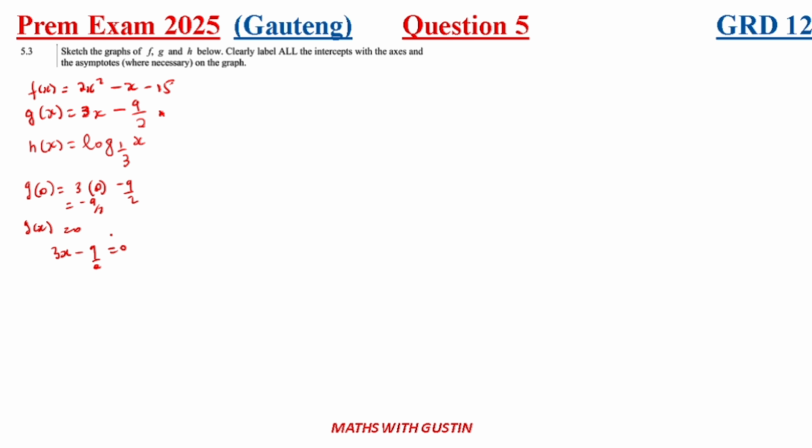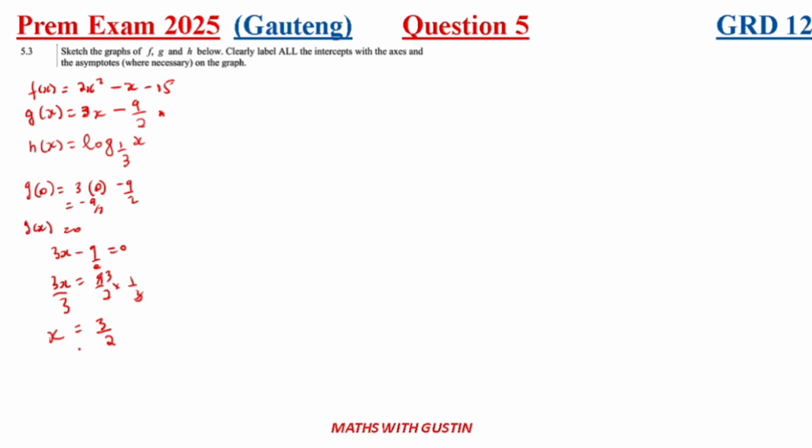So we take 3x is equal to 9 over 2. Divide everything by 3. This 3 goes how many times here? It goes 3. So this side we're only going to be left with x. It's going to be 3 over 2.